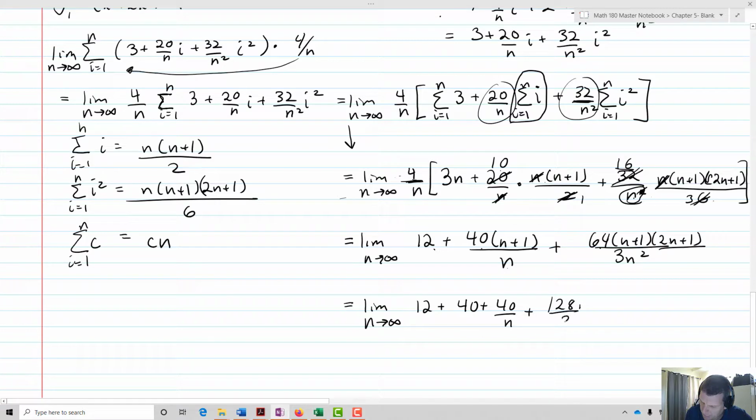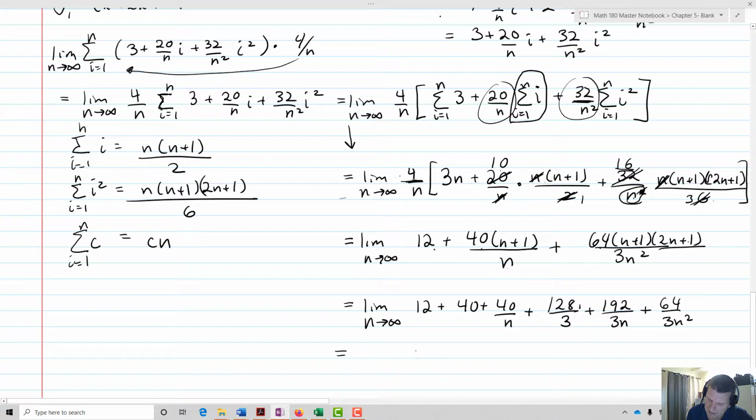So it's 128 over 3 plus, the second part is going to be 3n, because that's 1 times 2n plus 1n, that's 3n. 3n times 64 is 192n over 3n squared, so it'll be 192 over 3n, plus 1 times 1 times 64, so 64 over 3n squared.